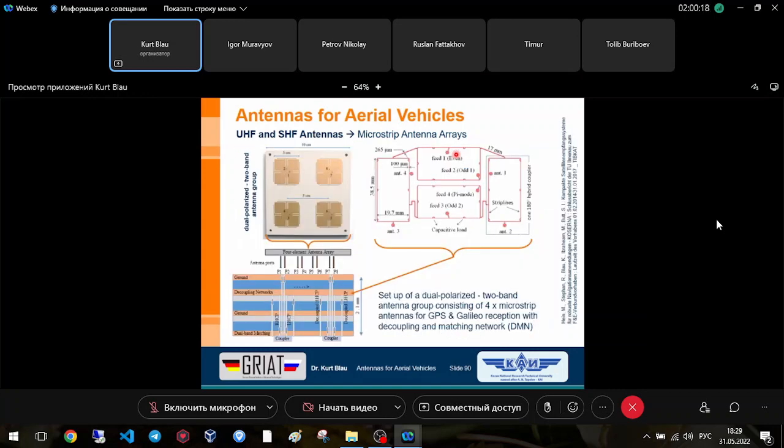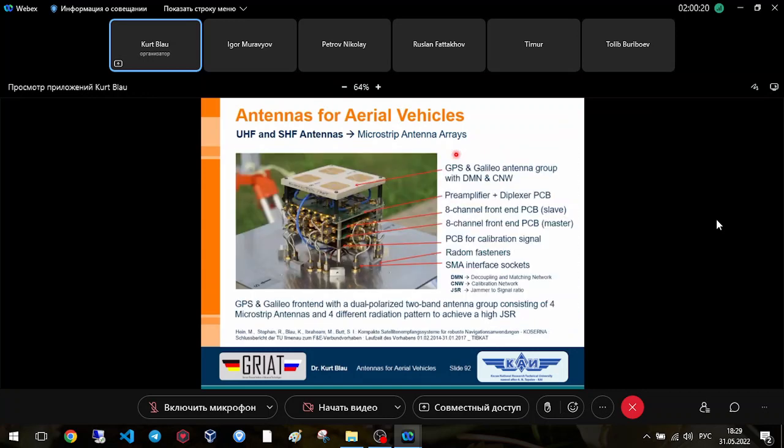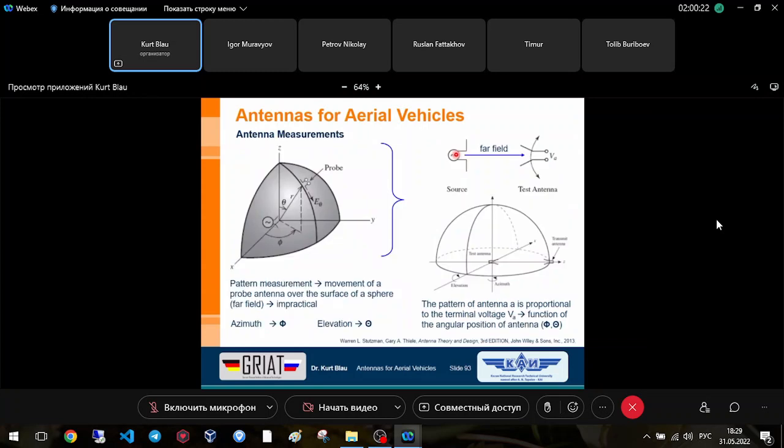And then the measurement technique comes into the focus of our discussion.